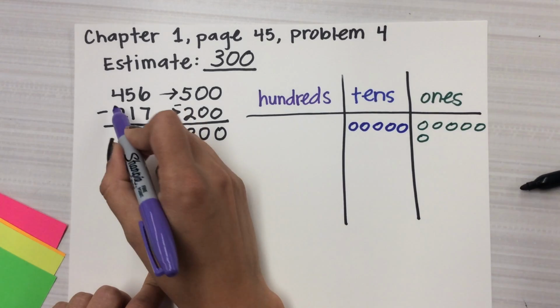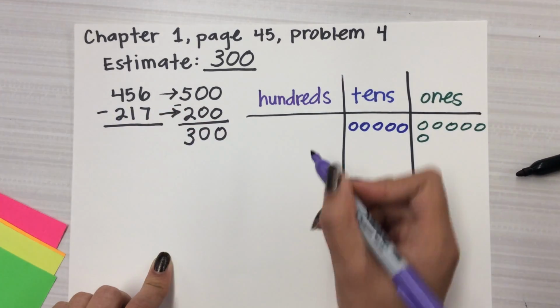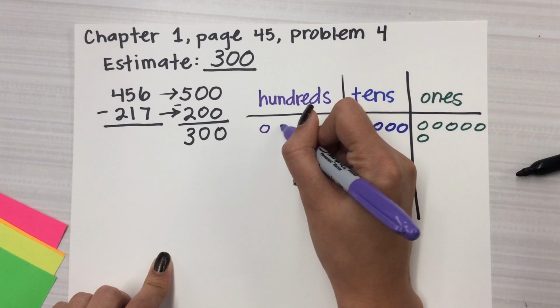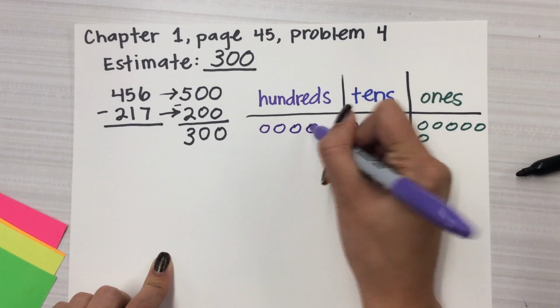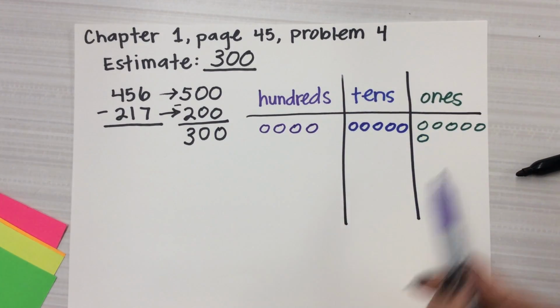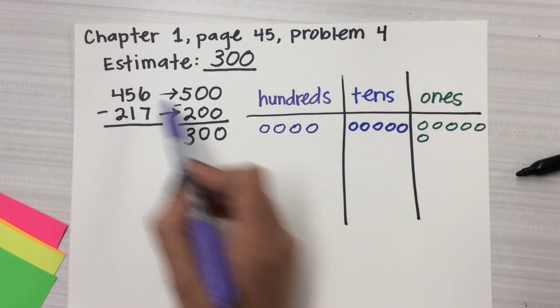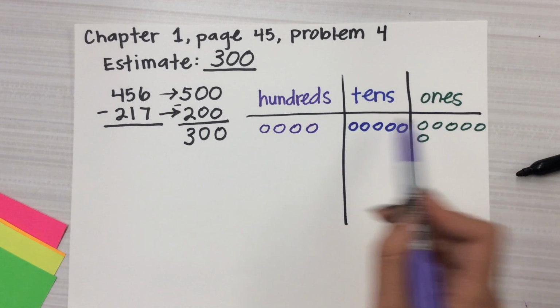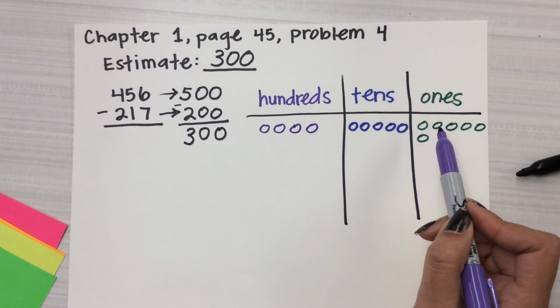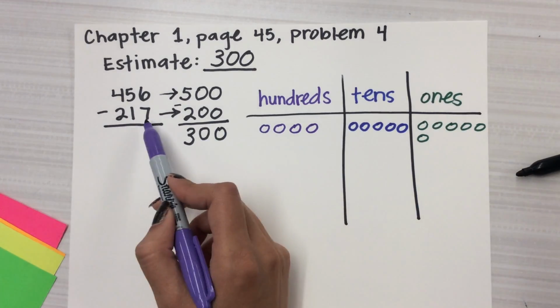And we have 4 hundreds, so we're going to go ahead and draw our 1, 2, 3, 4 hundreds. Okay, and it's very important that we only draw our top number, because then we're going to use what we have here and subtract from this amount. So we're going to subtract 217.